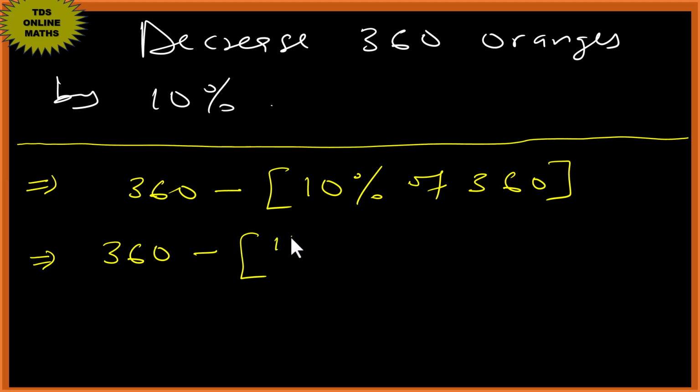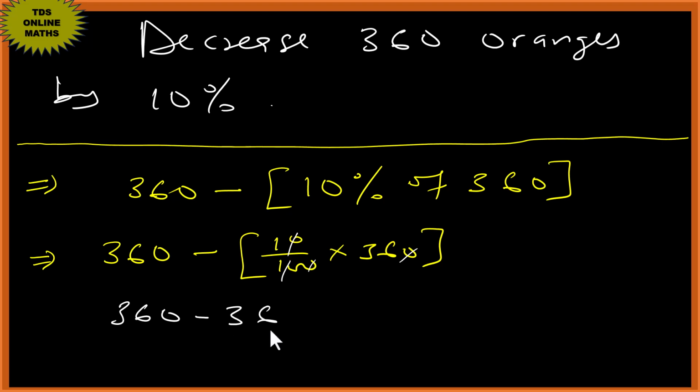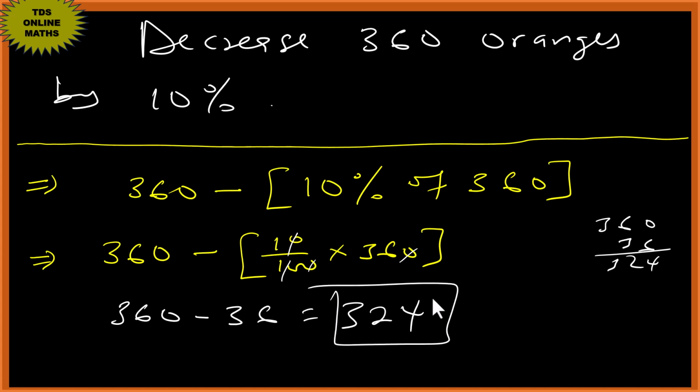Let's find 10% of that. This one will cancel, this one will cancel, so we have 36. So we have 360 minus 36, which gives us 324 oranges. So that's that.